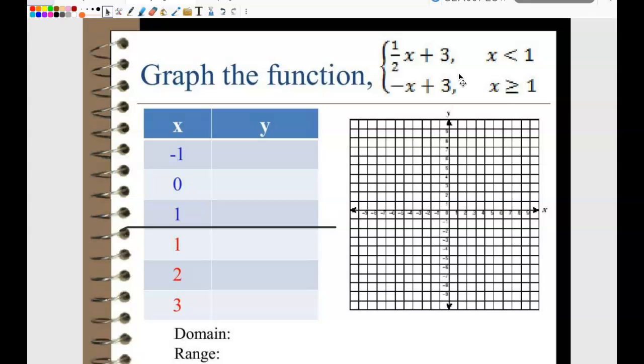So some of the x values less than 1 come from this top equation right here. So the idea is that if x is 1 or less than 1, then it's going to apply the rule 1/2 x plus 3. So we're going to plug those numbers in to that equation.